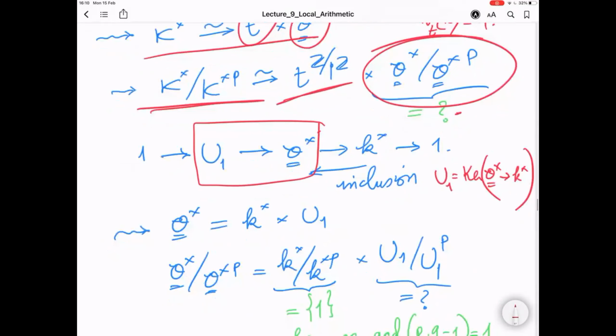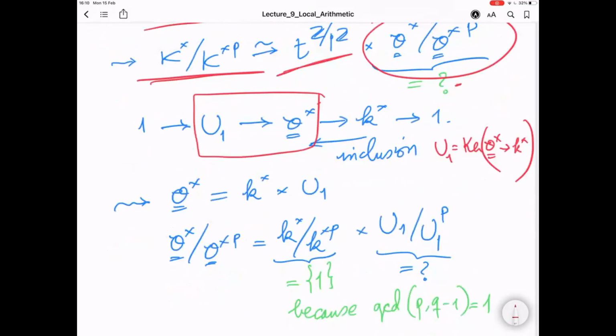And another way of saying it is that U1 just consists of all those formal power series where the constant term is 1. These a_i are in our field, little k. So this U1 is a subgroup of O star, the group of units.